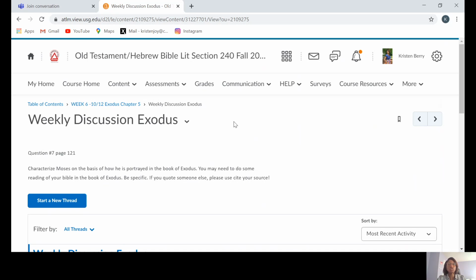And you can do some more additional research and find out how Moses is portrayed in the book of Exodus. You may need to do some additional reading from your Bible and be specific. If you quote another book, make sure you give that person credit.